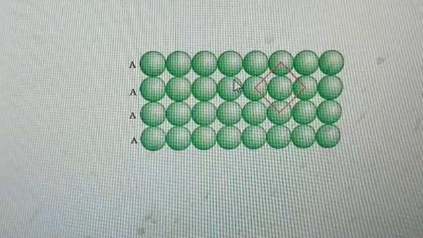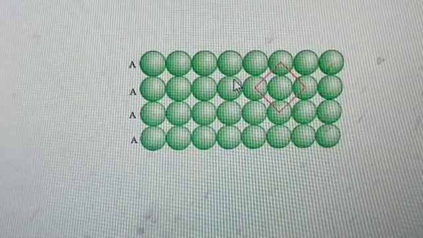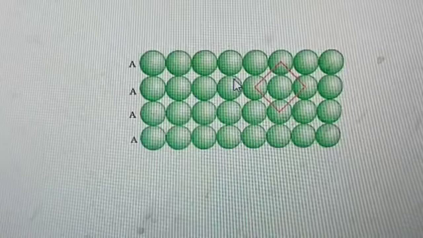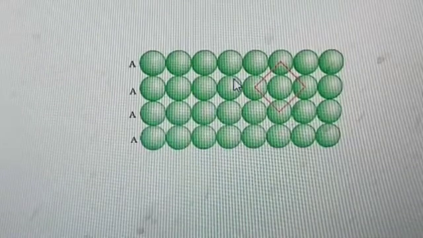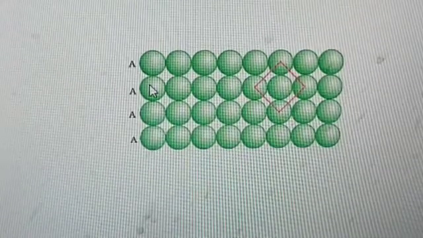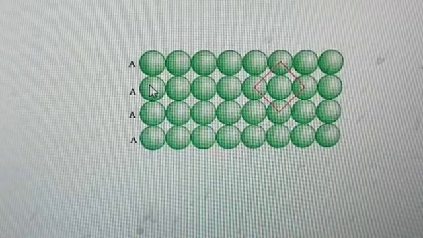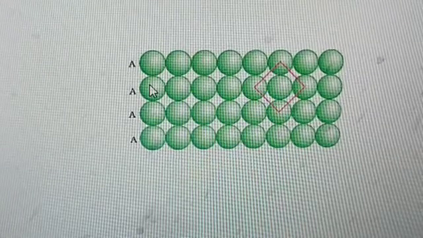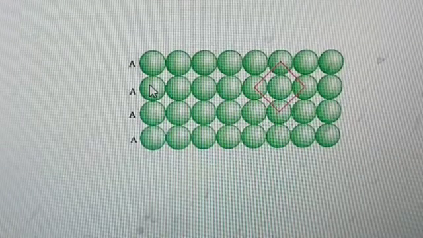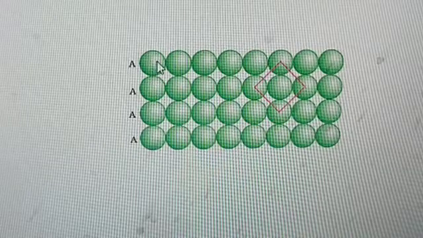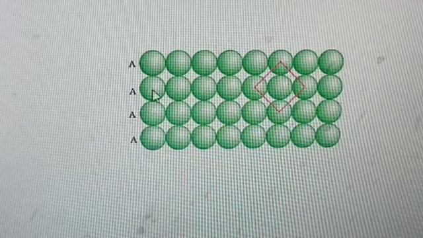Here, if we take close packing in 2 dimensions, we can get 2 types of structures, 2 types of packing. This is the first one. What is this first one? The second row may be placed in contact with the first one. See here, where is the first ball? The second atom is also there.